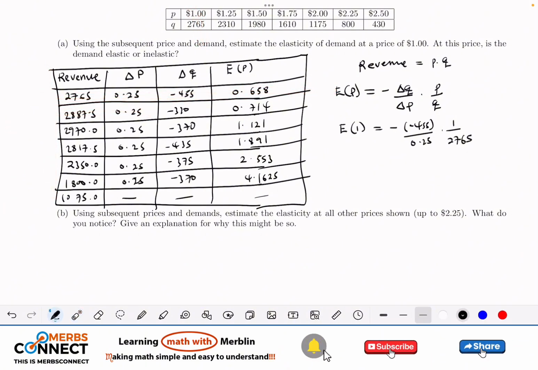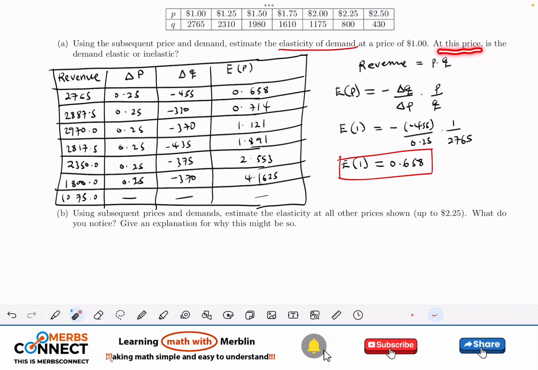So it means that for the estimation, the elasticity at $1 is equal to 0.658. So this will be the elasticity for this, right? The question is also asking, at this point, is the demand elastic or inelastic?